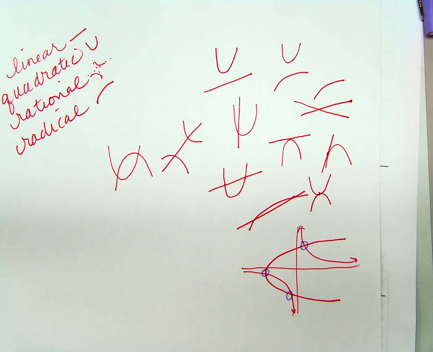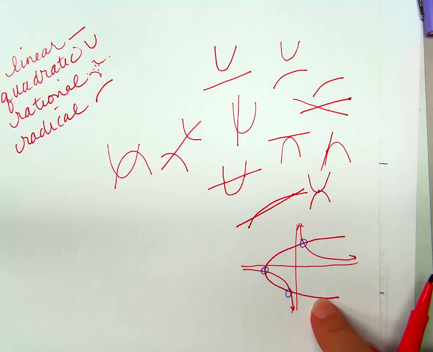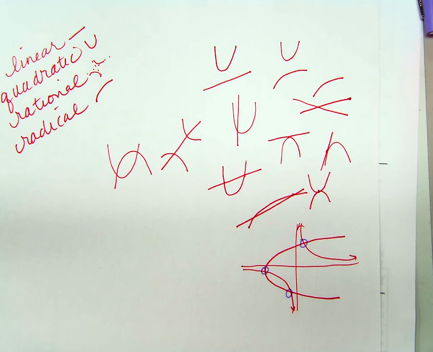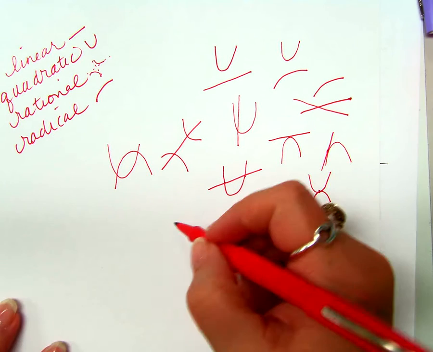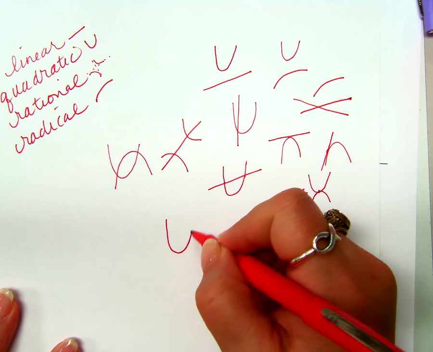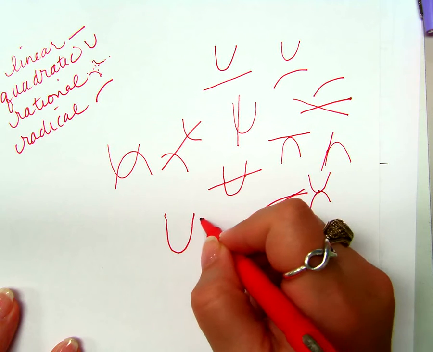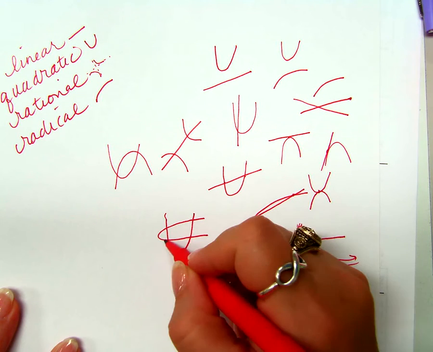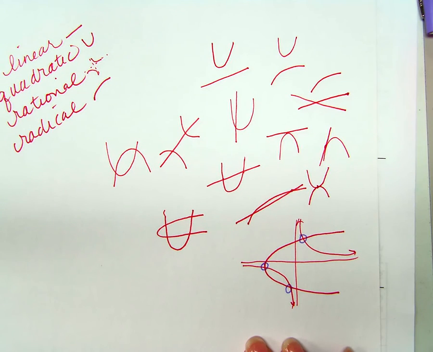What about 4 solutions? First of all, that's not the only way. I just kind of want to go on from here. Can we have 4? So if I had a parabola this way and a parabola like this way, 1, 2, 3, 4. A rational and a rational? Yes?